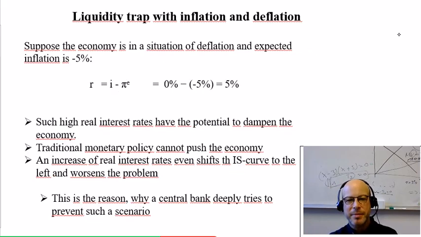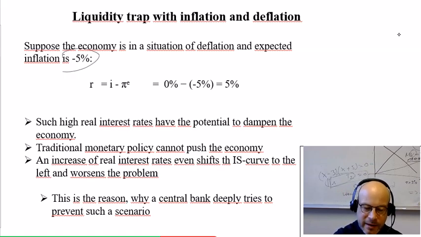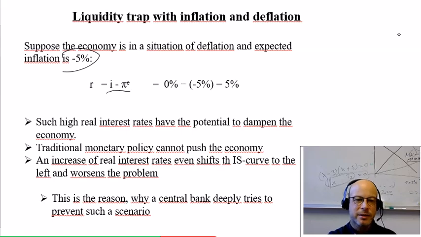The much harder part is when we have low interest rates and we are already in a deflation scenario. Because what does this then mean? We have nominal rates minus inflation.